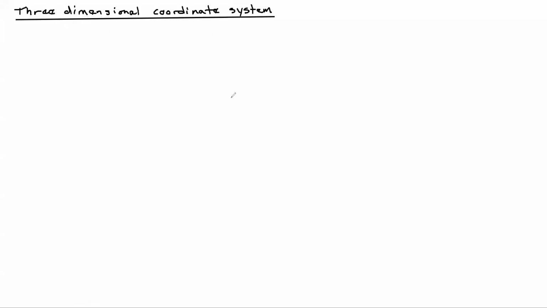Okay, so first, what is a three-dimensional coordinate system? The easiest way to think about it is that it's just an extension of a two-dimensional coordinate system, the Cartesian plane that you're used to, with the addition of a z-axis.